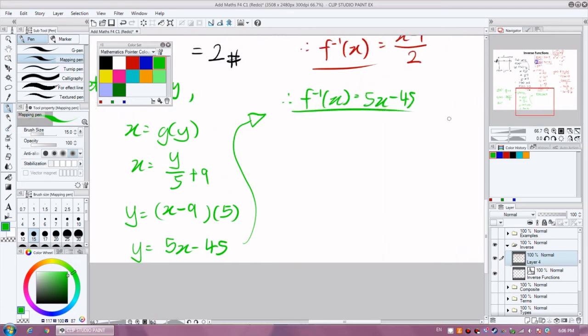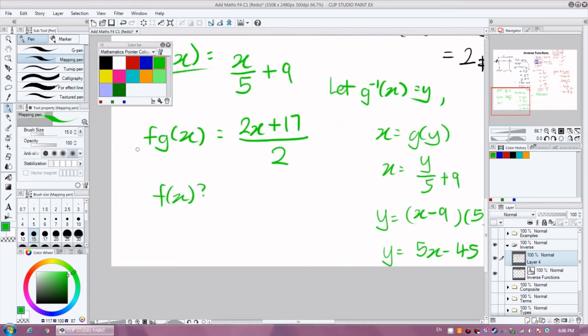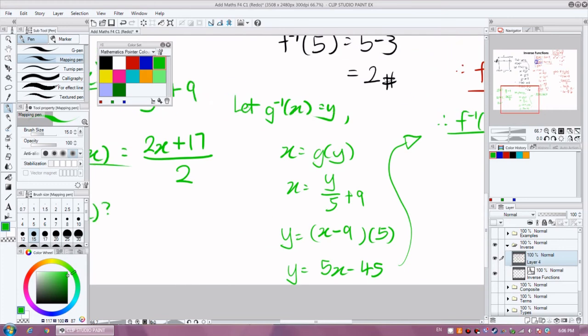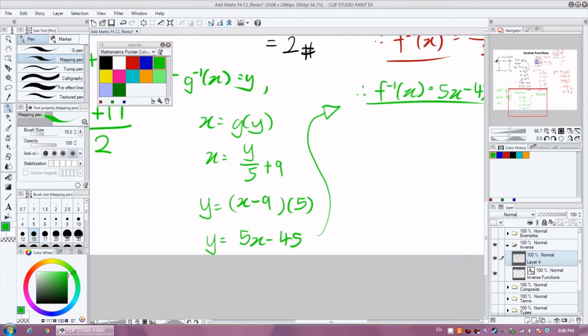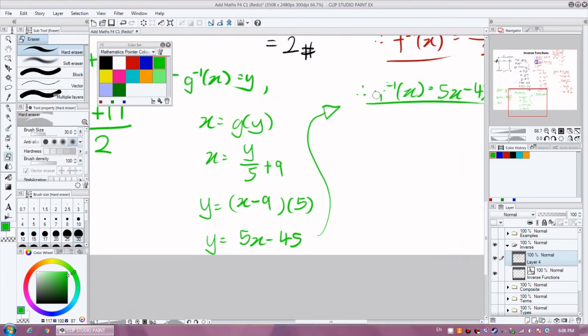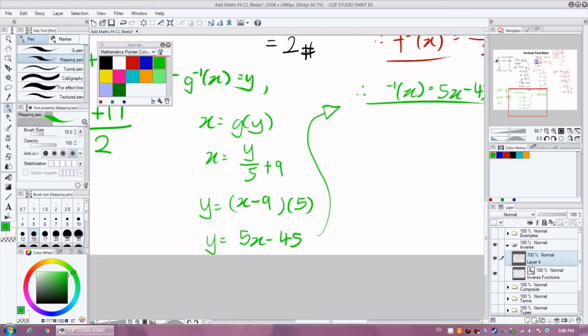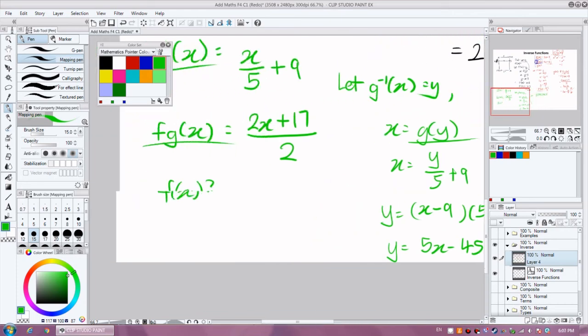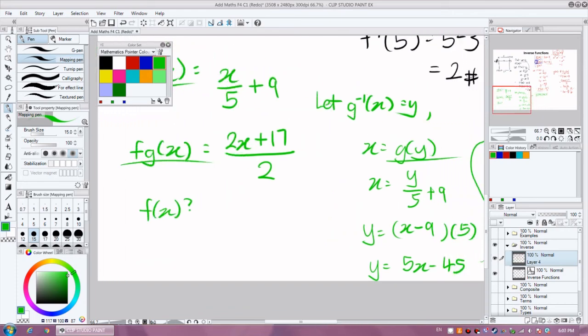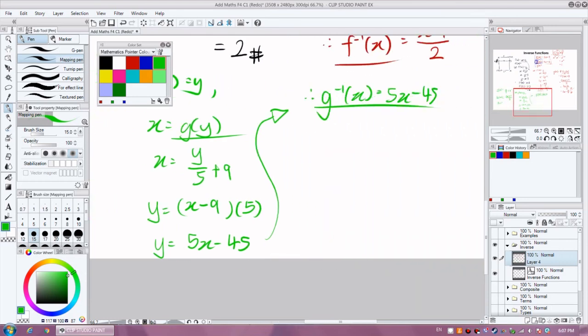Now we just need to combine it with fg(x) to find, wait, I actually wrote it wrong. This one should be g⁻¹(x) because we got it from g in the first place. So with g⁻¹(x) and fg(x) combined, we can find f(x).